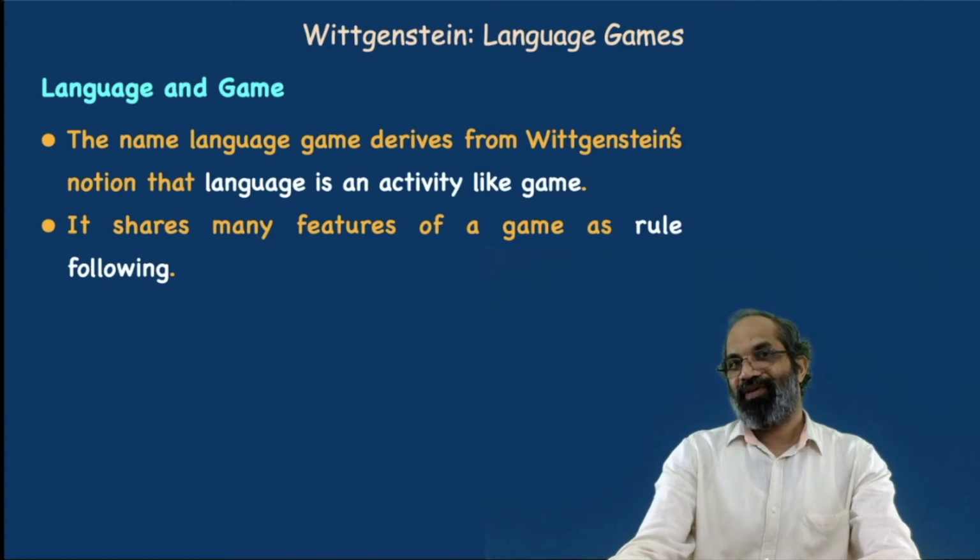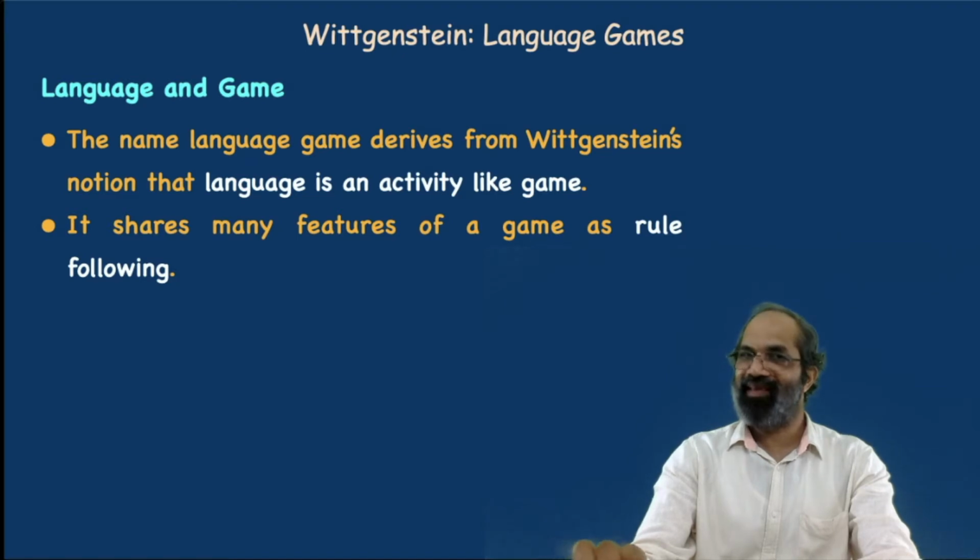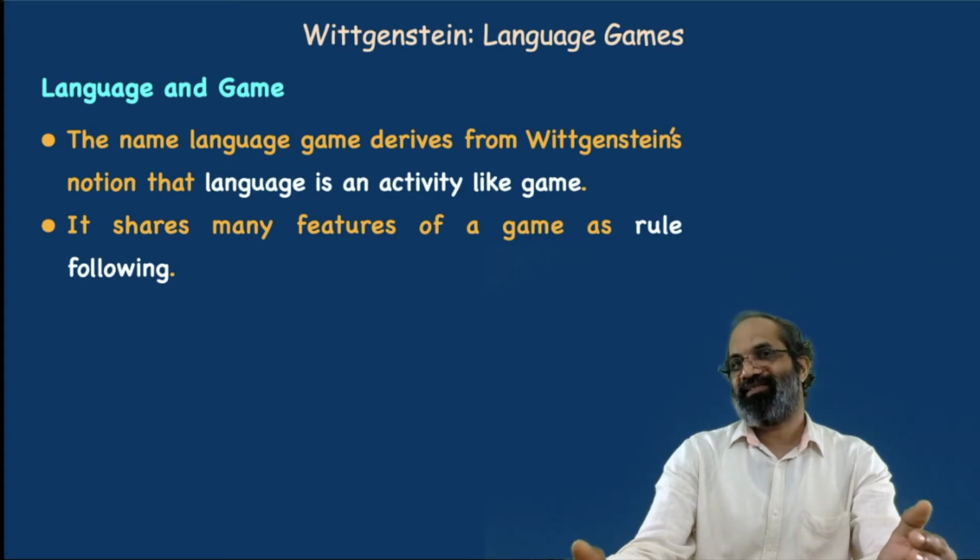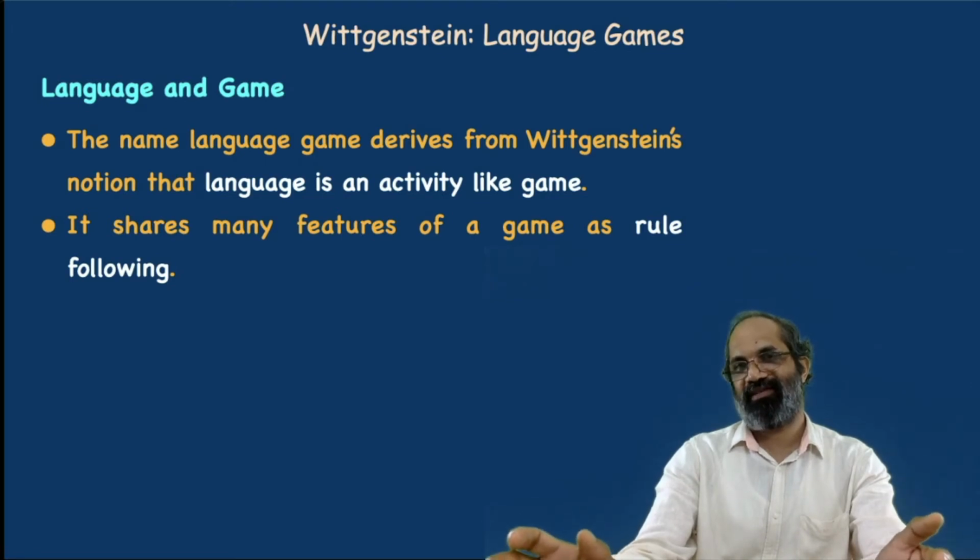So rule following is essential to any game, but that doesn't mean that all rule following activities are games. But at the same time, rule following, as an essential element, is acceptable in the case of language use as well as in the case of games.